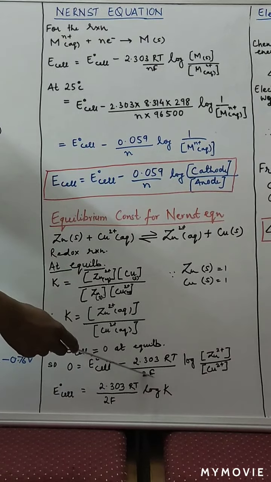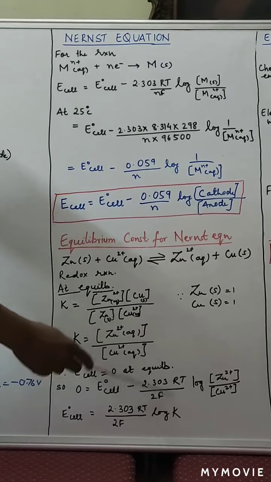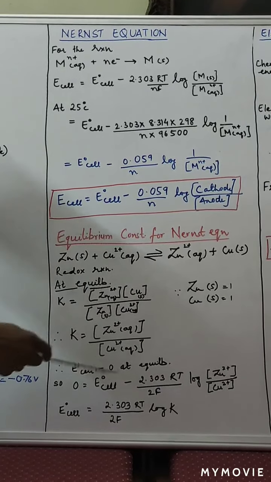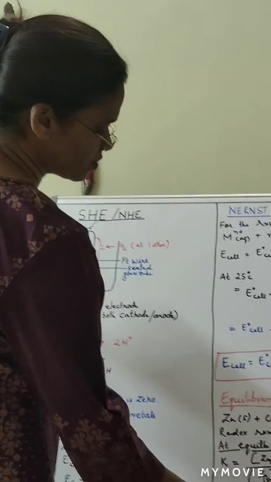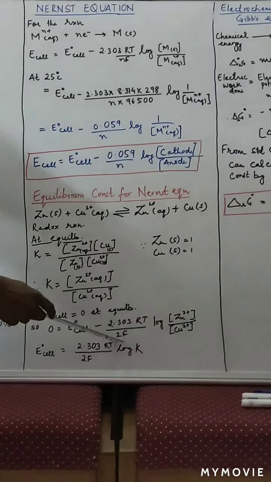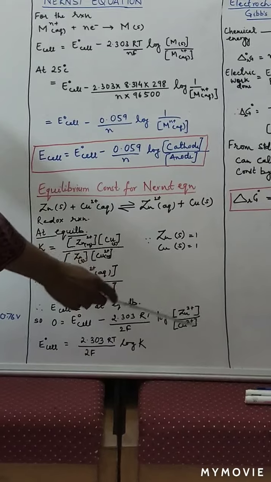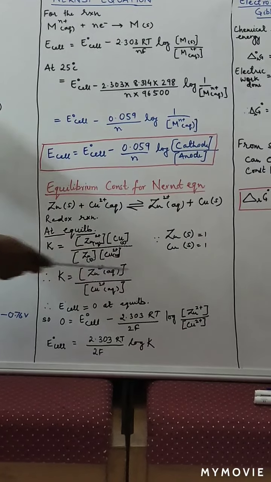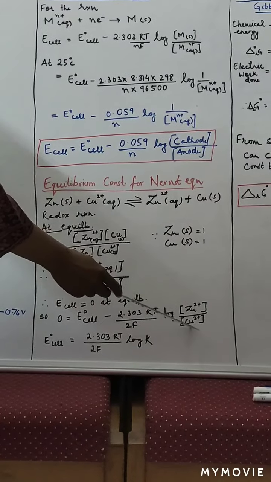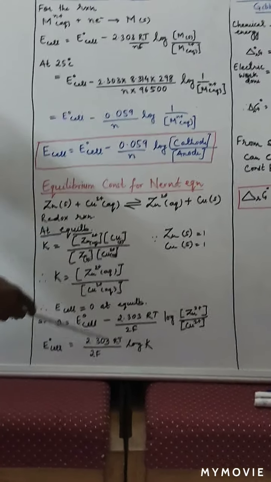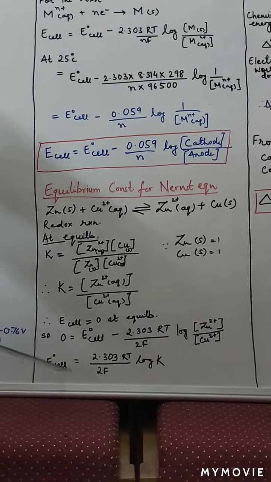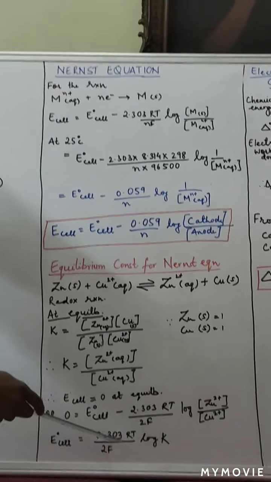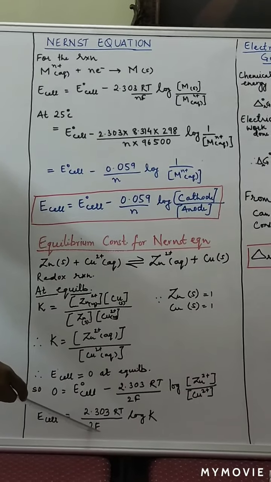That is why we have replaced the value of n by 2. So we get the expression 0 is equal to E naught cell minus 2.303 RT by 2F log of zinc ions upon copper ions. Now since this value is equal to K, because this is the equilibrium constant, we can substitute and we get the expression E naught cell is equal to 2.303 RT by 2F log of K.